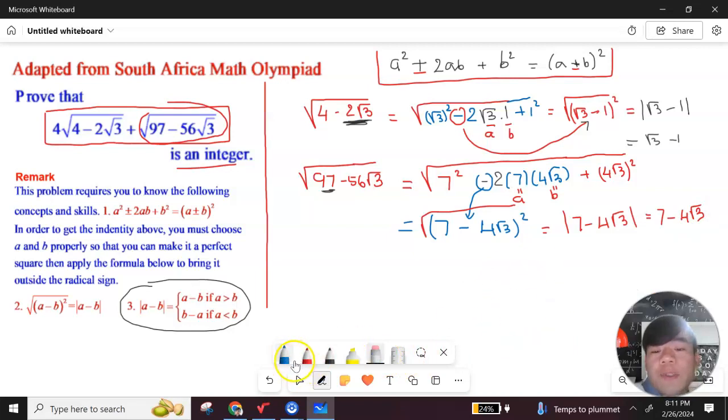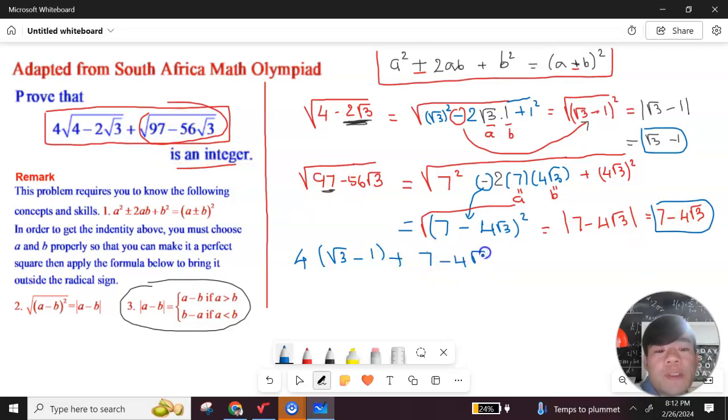Now I need to rewrite this one, so my expression should be 4 times root 3 minus 1, plus 7 minus 4 root 3.